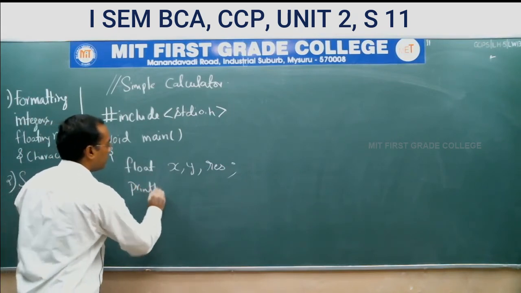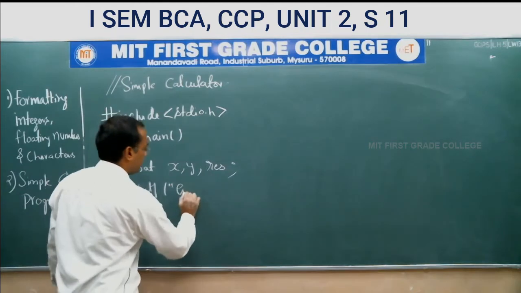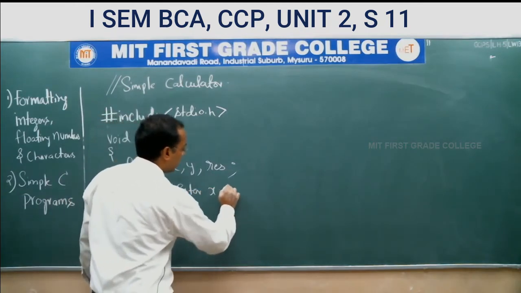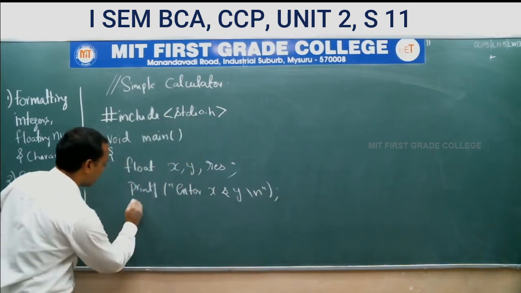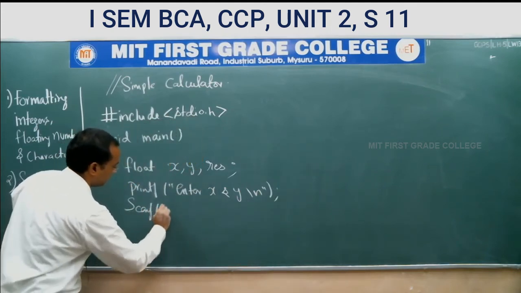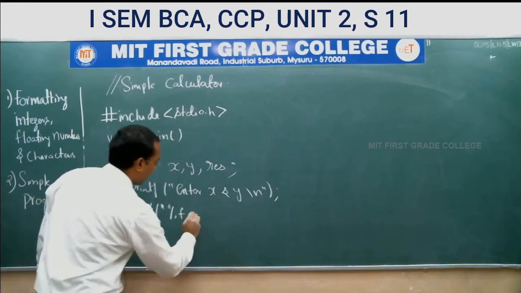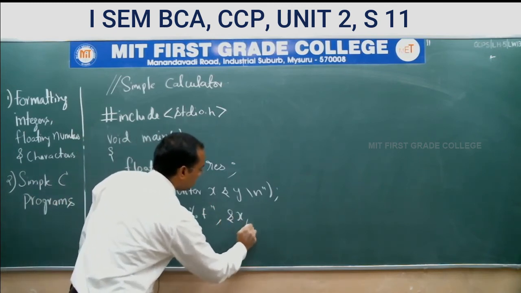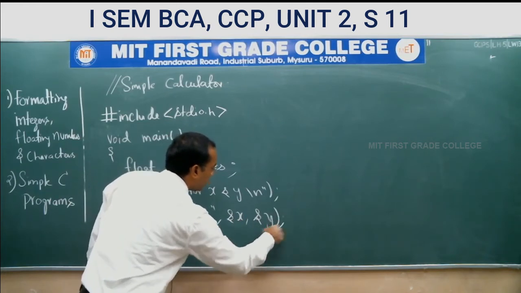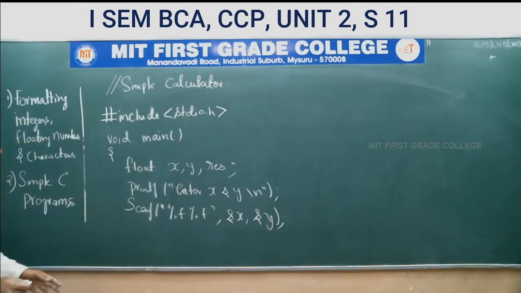Accept the inputs, printf, enter x and y slash n, scanf, percentage f two times, ampersand x comma ampersand y. You accepted the input.